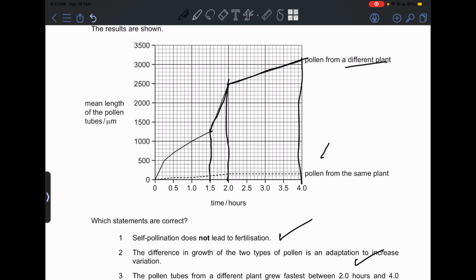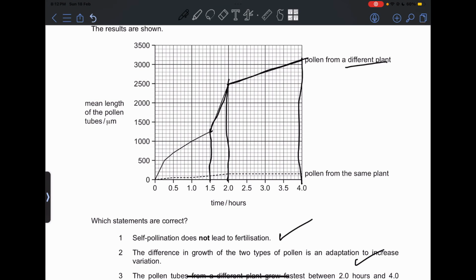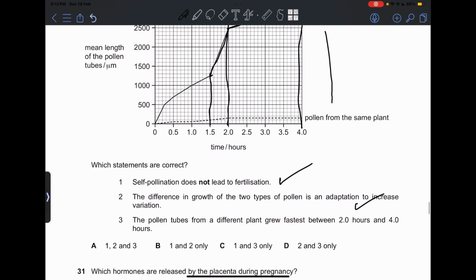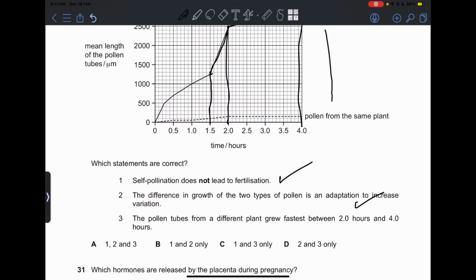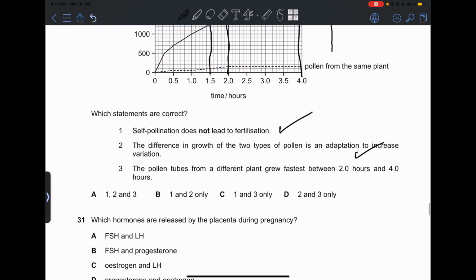We know that if a graph is steeper, then there is higher rate. So the more vertical the line is, the higher the rate is. This one is more vertical compared to that one. This one is almost horizontal. So our answer is going to be B, which is 1 and 2 only.